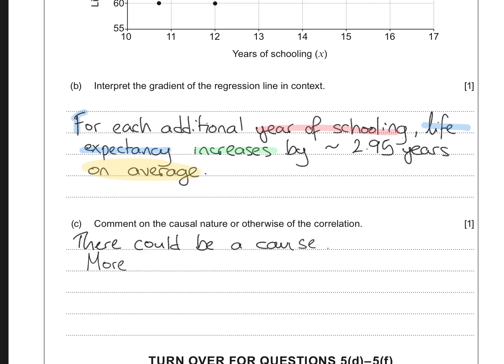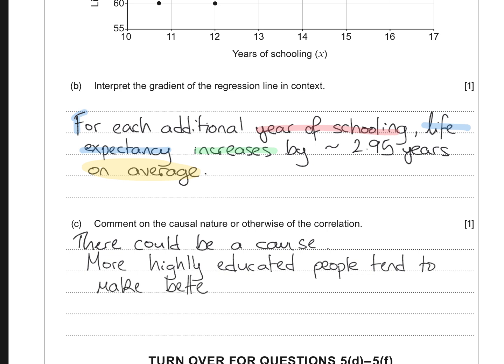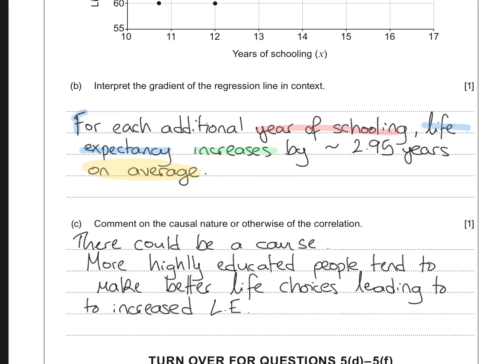More highly educated people tend to make better life choices, increased life expectancy.